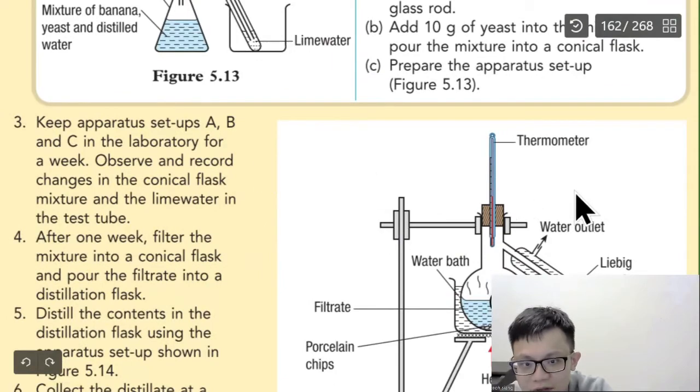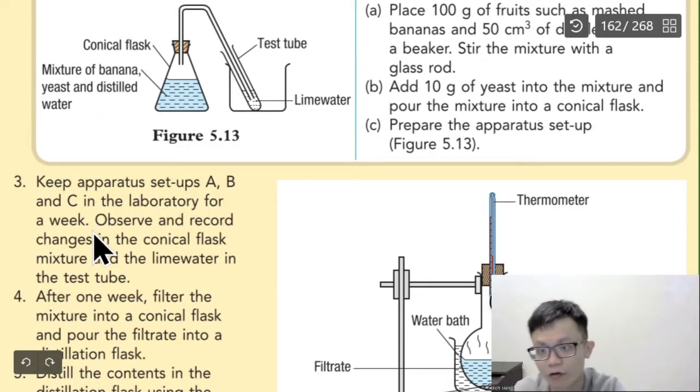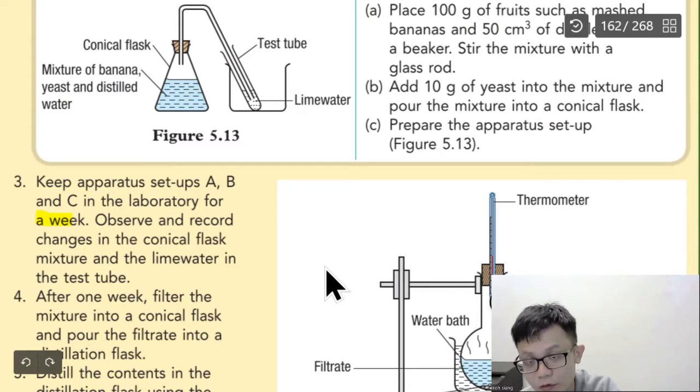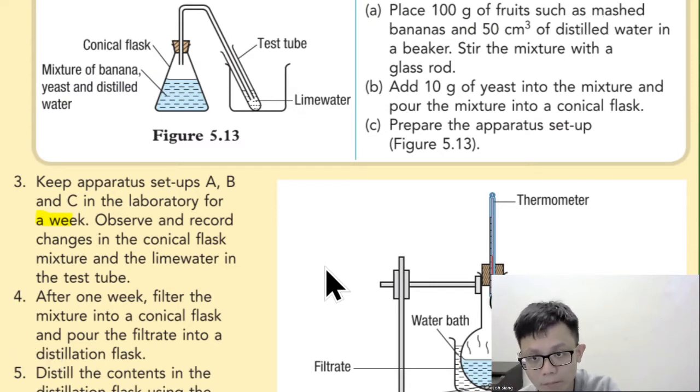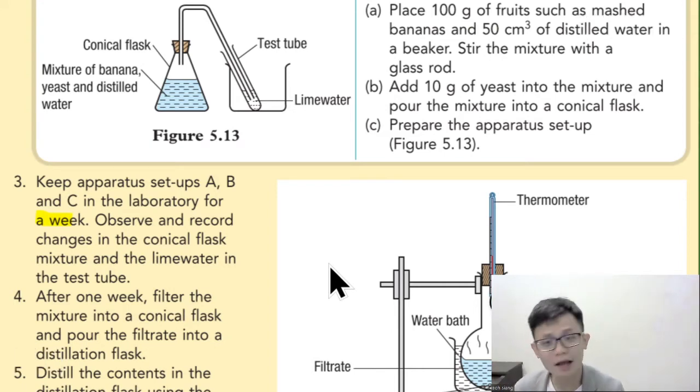After that, keep the apparatus A, B, C in the laboratory for a week. You want to keep it for a week because making wine is not very fast; it's not that I do it today and get it tomorrow. Why is wine so expensive?